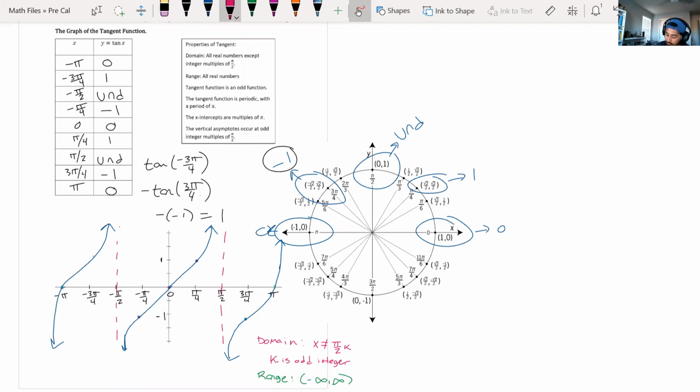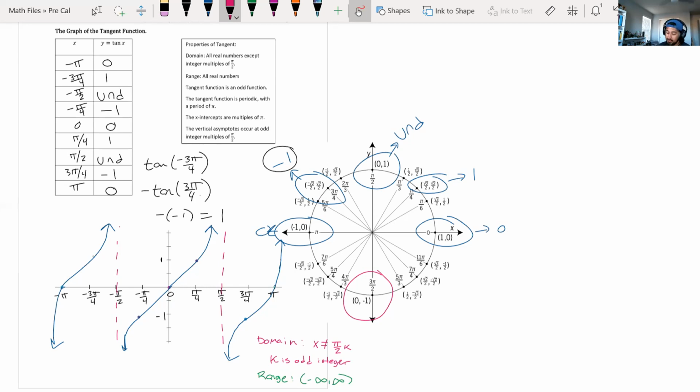Because if you look at your unit circle here, tangent would put negative 1 over 0, which is undefined. And is 3 pi over 2 odd? Yes.